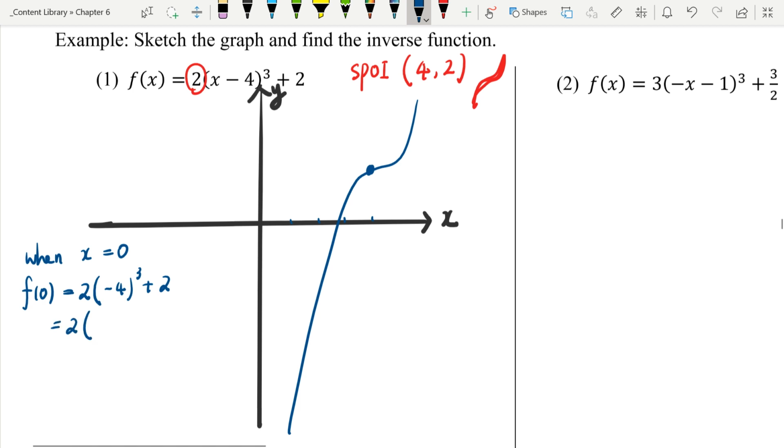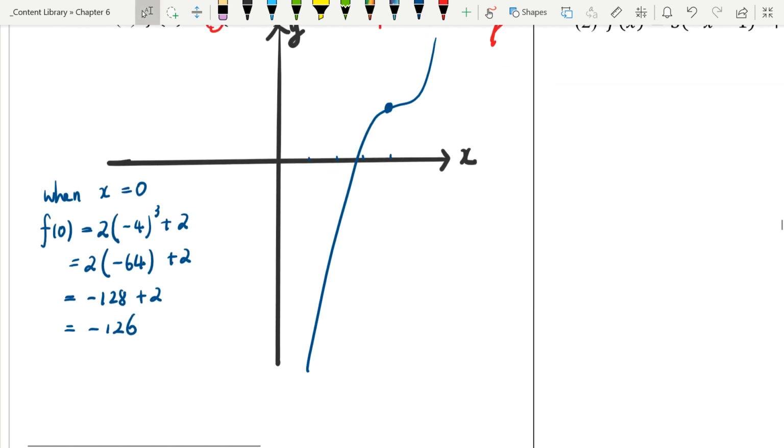What's 4 to the power of 3? 64, so negative 64 times 2 is negative 128, plus 2 is negative 126. So it's a very large negative number. That's why it looks very big there, and I can't really label it to scale in this case.